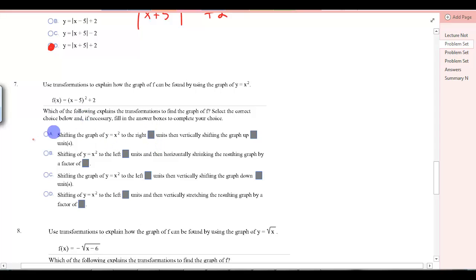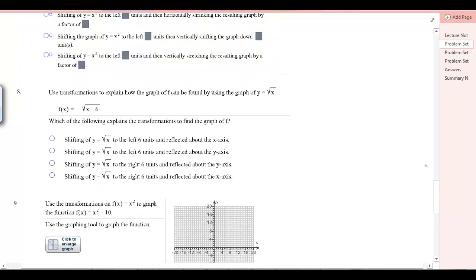This one's a right, and that's the only one that's right. And then we're going to put the 5 in that box, and vertically shifting the graph up 2 units. So 2's going there, and we choose that one because x minus 5 told us we were going to go to the right 5.